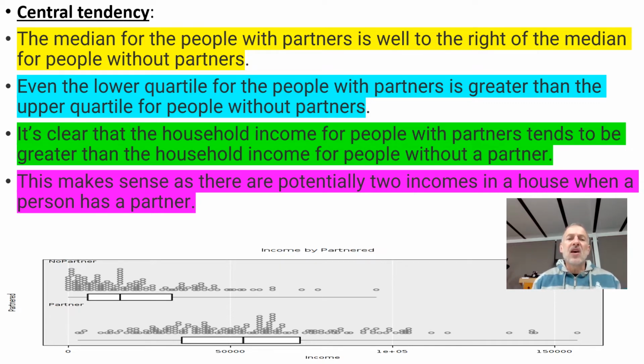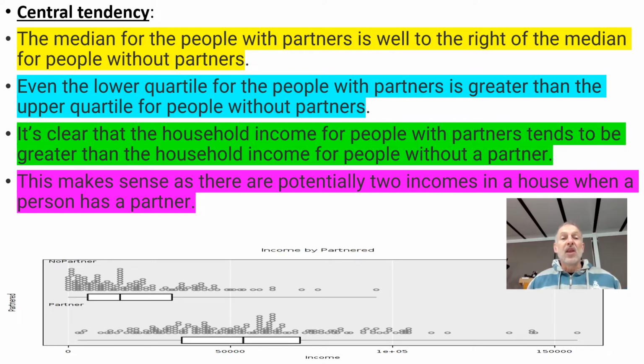It's clear that the household income for people with partners tends to be greater than the household income for people without a partner. Remember that secret phrase, tends to, because we can never say that it's definitely going to be like that, because in the range there will be overlap.